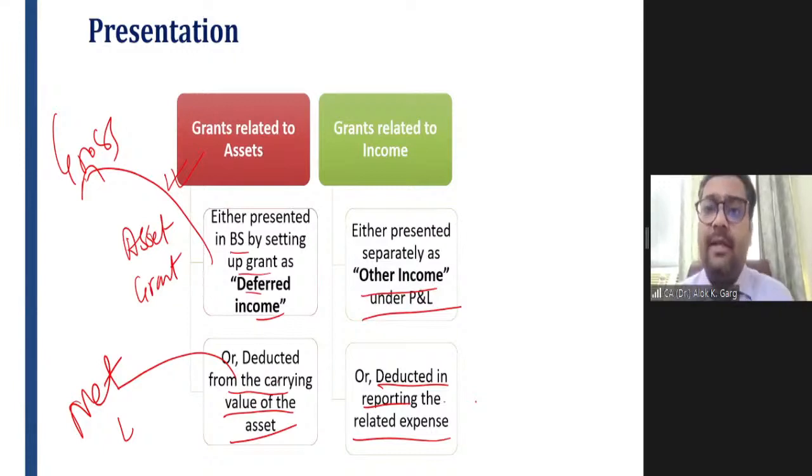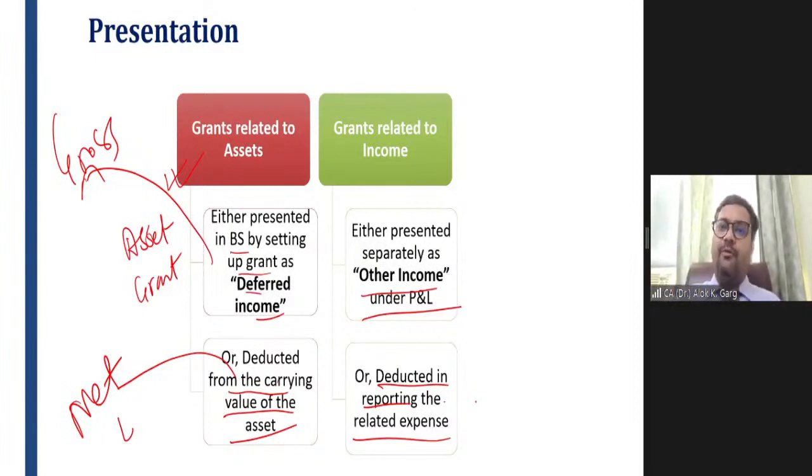For example, the government has declared that if Max Hospital Limited will vaccinate at least 5,000 patients in a particular year, then we will reimburse the money. So for example, the cost of this 5,000 vaccine is 50 lakh rupees. So either Max Hospital can show this 50 lakh rupees as other income, and the expense on vaccine, for example, is 45 lakh rupees.